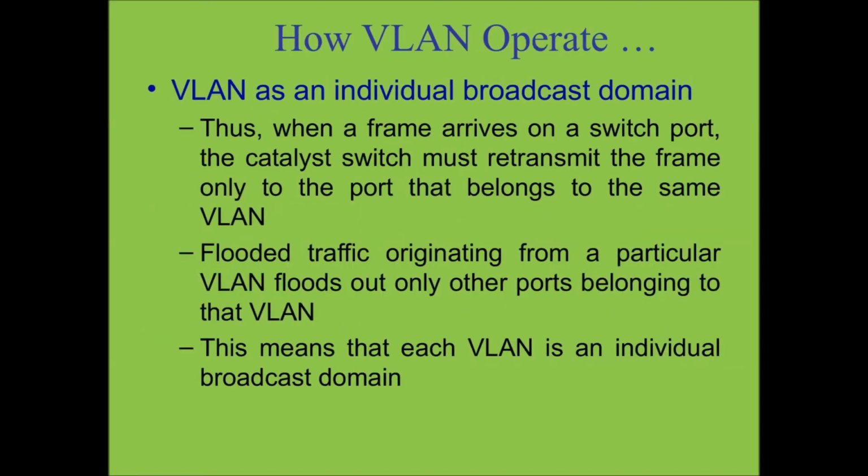How do VLANs operate? VLANs act as individual broadcast domains. Every virtual LAN contains its own individual broadcast domain. So there are three important points here. Point number one: when a frame arrives on a switch port, the Catalyst switch must retransmit the frame only to the ports that belong to the same VLAN. Catalyst switches are basically different series of switches, and you can also search for a switch with the help of different numbers.